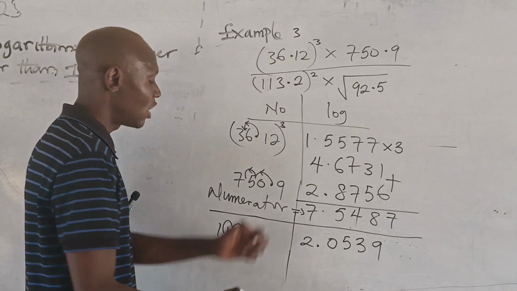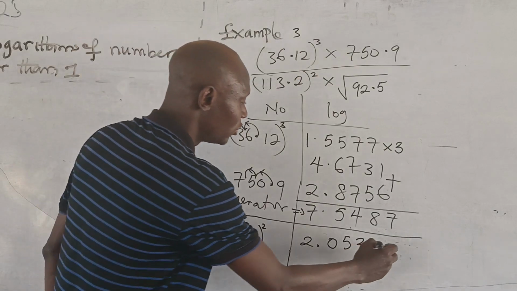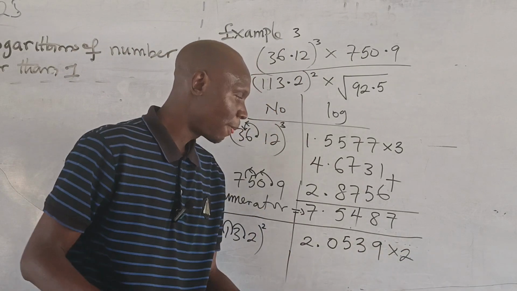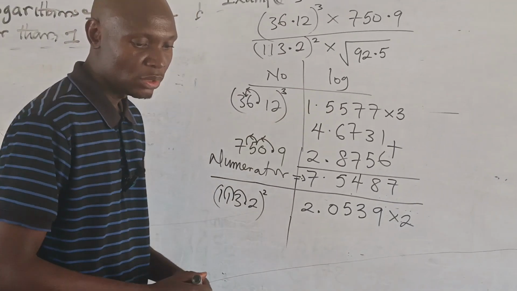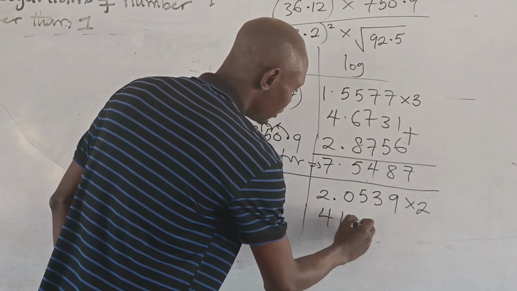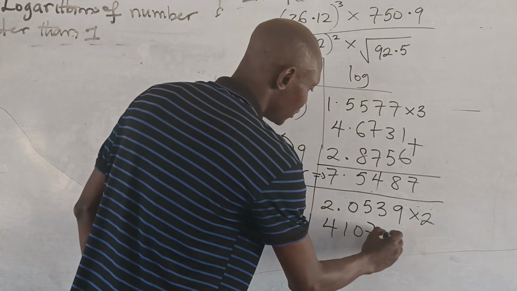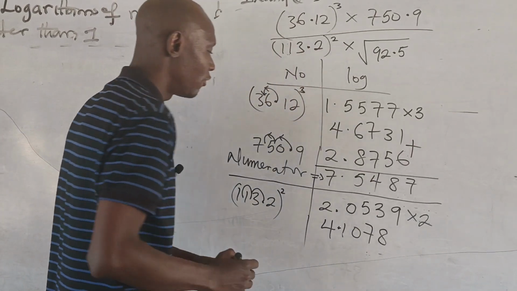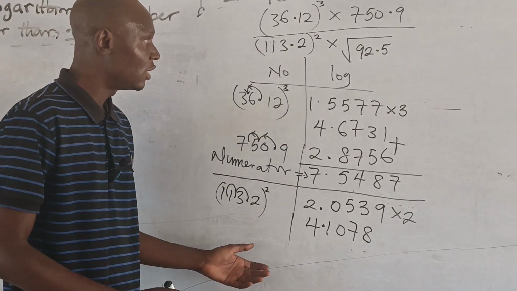Now, because of this raised to power 2 here, we are going to multiply by 2. So if you multiply this by 2, we are going to get 41078, that is 4.1078.